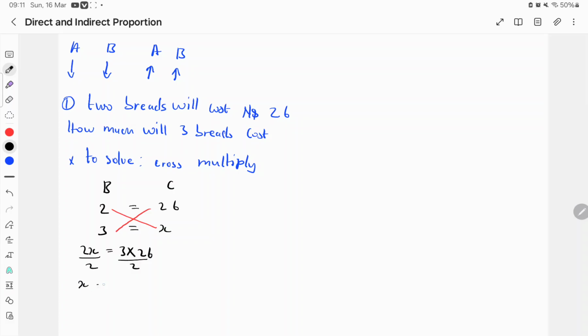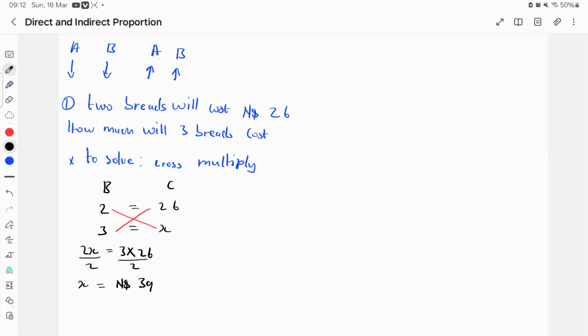So x is equal to 78 divided by 2, which is 39. So that means 3 breads will cost $39. You see, that's the simplest one. We just simply cross multiply.